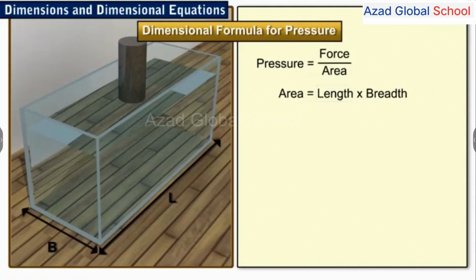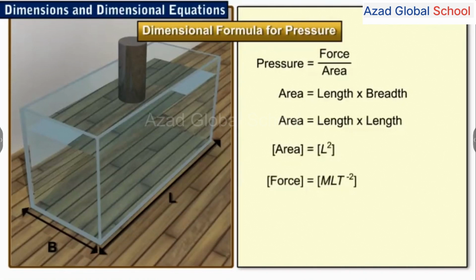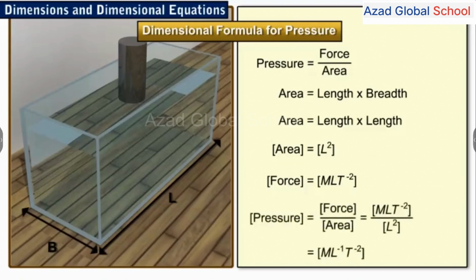Thus, area can be expressed as length squared, and hence its dimensional formula is L^2. We know that the dimensional formula for force is MLT^-2. Now, the dimensional formula of pressure is obtained as shown.